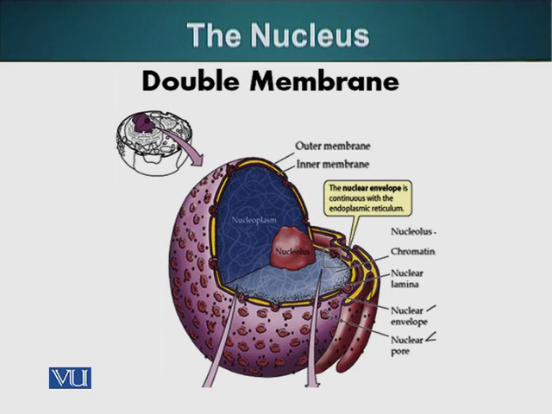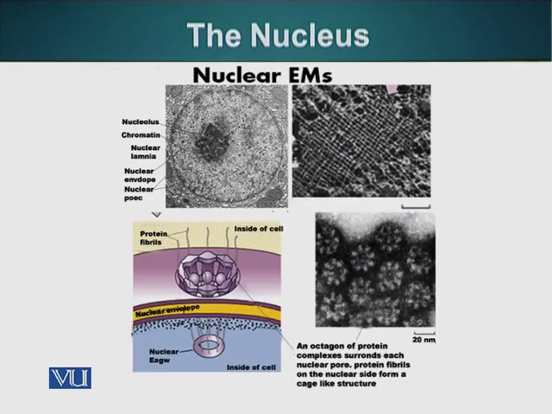Now, let's look at other features of the nucleus. The nuclear pore has an octagonal symmetry, which means that the nuclear pore is made up of 8 proteins, and these are similar proteins. They're arranged in a way that they're making the periphery of the hole which is present in the nucleus.